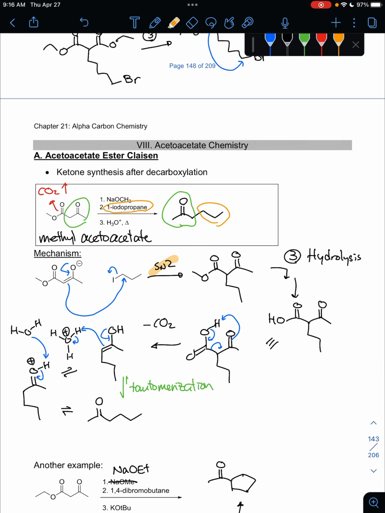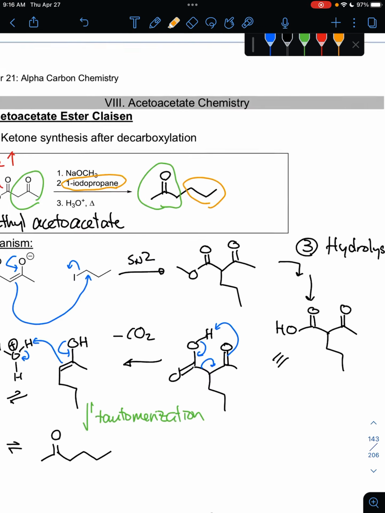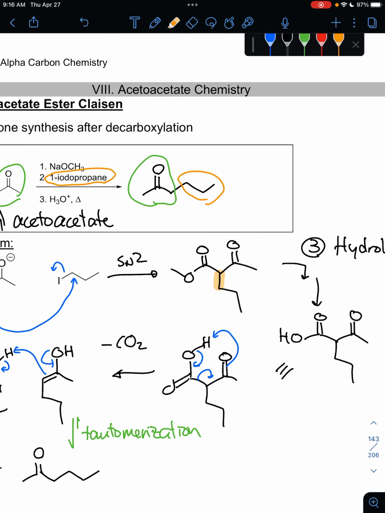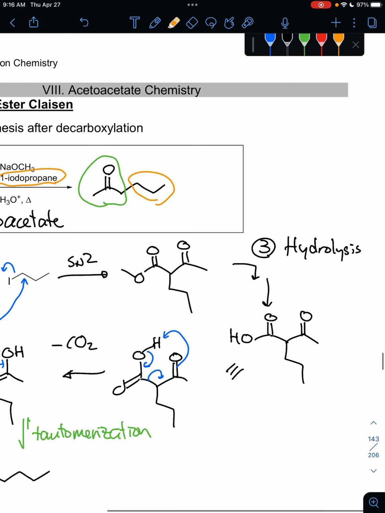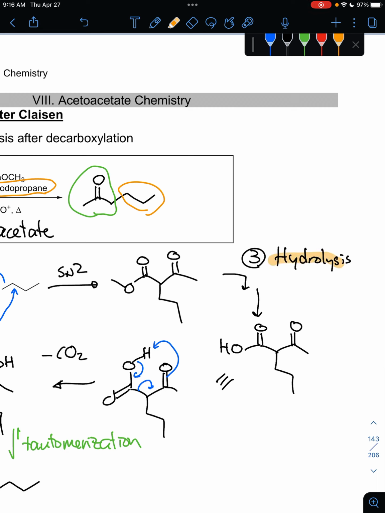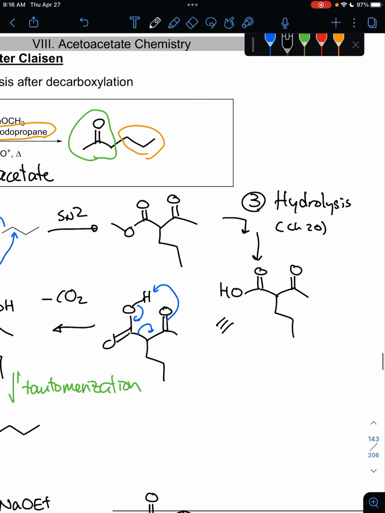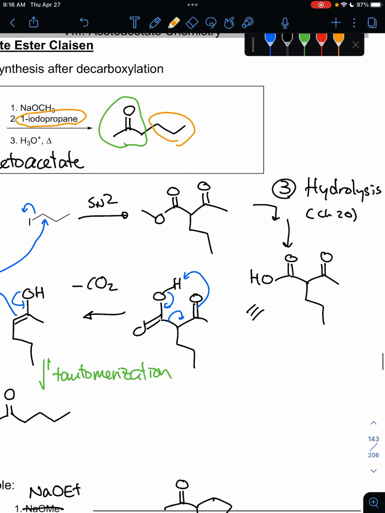And that enolate is nucleophilic enough to do an SN2 reaction, forming this bond, after which it can undergo hydrolysis. Again, I would refer you to chapter 20 for the mechanism of the hydrolysis of the ester right here to the corresponding carboxylic acid.